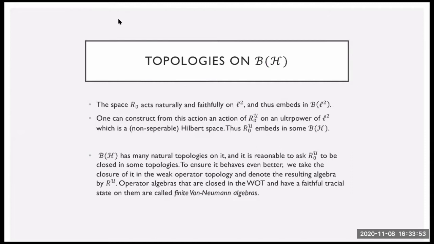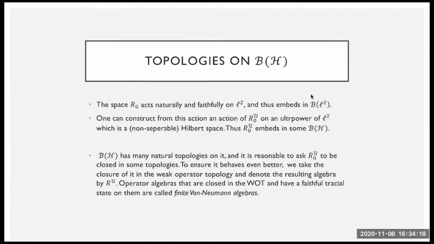I think you are correct, because if you take an ultra product of finite dimensional spaces with unbounded dimension, then it is probably the Hilbert space Michael constructed. No, not bounded. I didn't say bounded dimension. I just said unbounded.